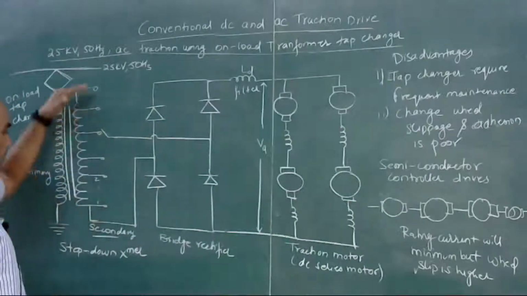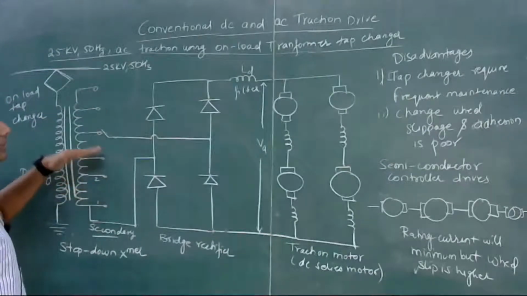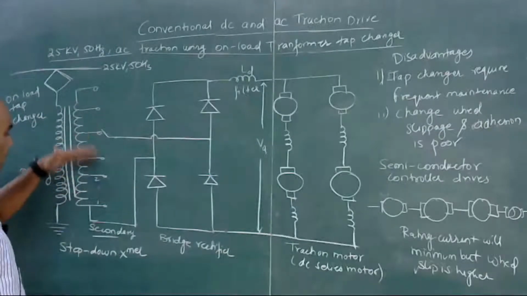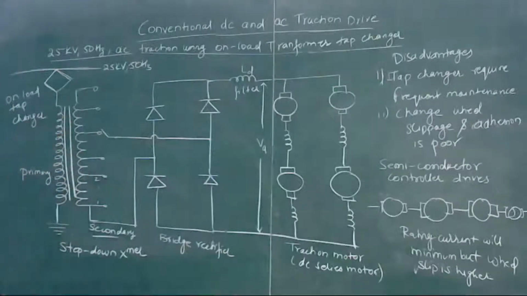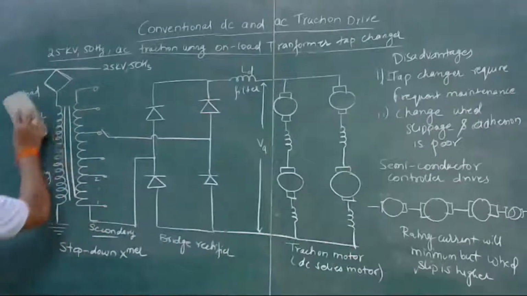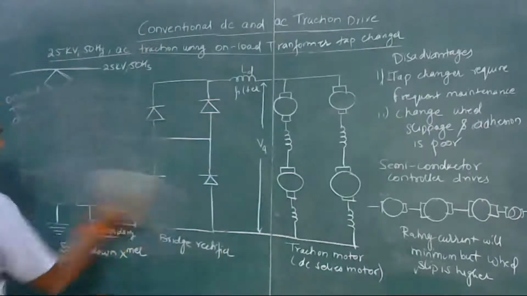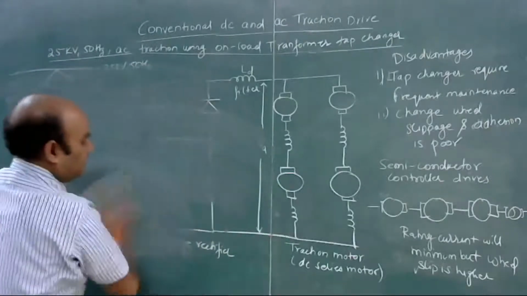So there will be no frequent maintenance requirement of these mechanical parts. To avoid these disadvantages of the on-load transformer tap changer, we go with semi-controlled traction drives.